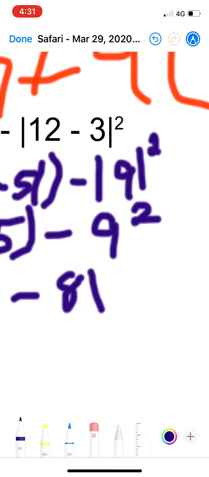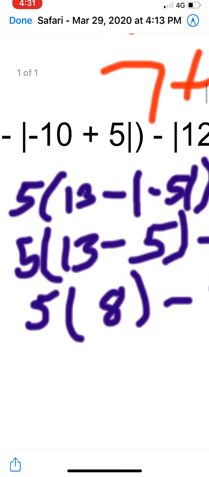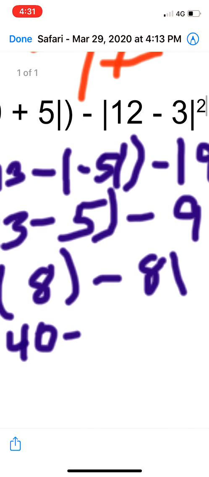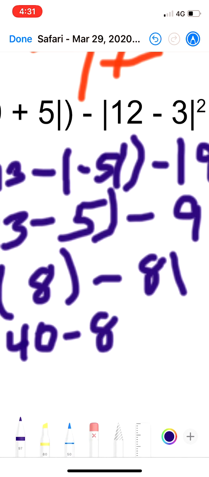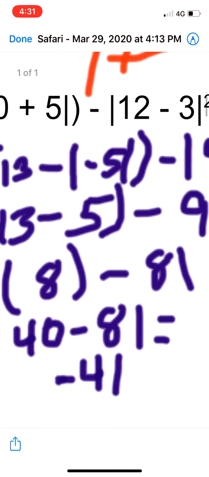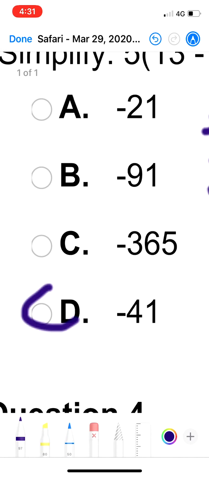All right. Over here, 5 times 8. Multiplying that, you get 40. Minus 81. And then, finally, you throw that in your brain or your calculator, and you get negative 41, which is D.